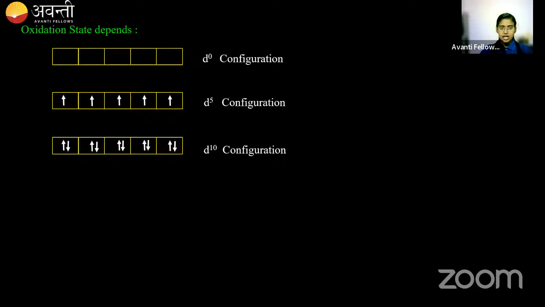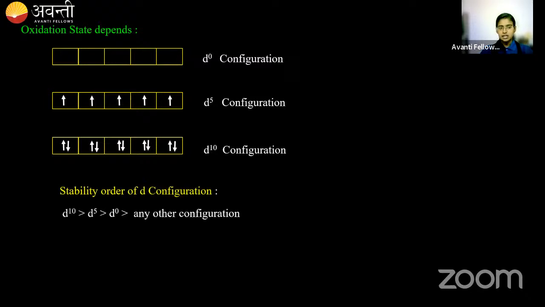There are 3 configurations which are highly stable in nature: d0, d5, and d10. In the stability order for these 3, d10 is more stable compared to d5, and d5 is more stable compared to d0. And d0 is more stable than any other configuration.